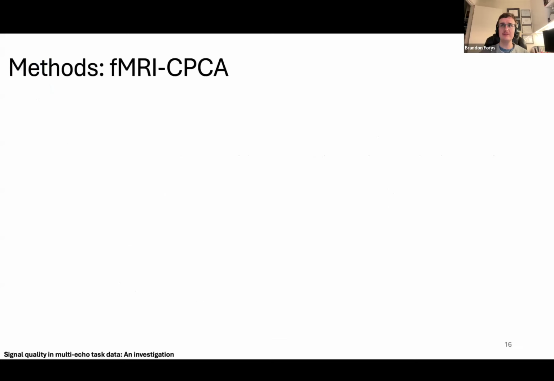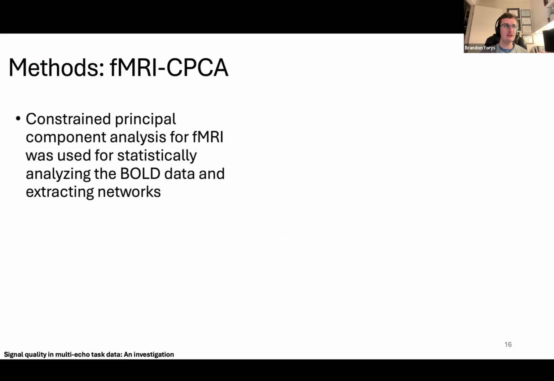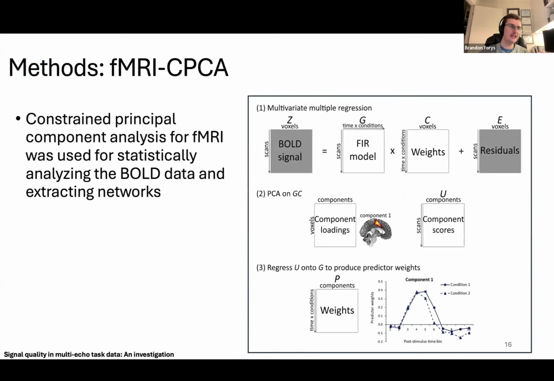And then, most crucially, we were using fMRI CPCA, which is a way of doing constrained principal components analysis, briefly shown here, a kind of special regression model that has been developed here at UBC and University of Victoria, which allows us to do a finite impulse response model weighted according to the various stimuli and expected responses shown in the task, and allows us to evaluate components which spatially would look like networks that we are evaluating with the Z-score, and temporally allow us to plot out the expected hemodynamic response for each of those networks, showing the degree to which those networks are co-activating and working over time.